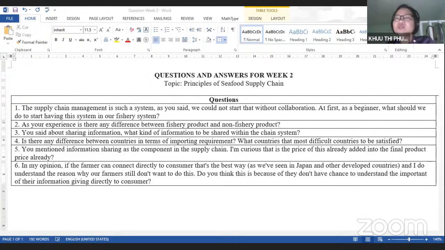So it's very costly, and they try to turn to other markets in the world. That's why each country has different regulation, and during your supply chain management it depends on your target customer and your target consumer, and you have to respond to their requirements.